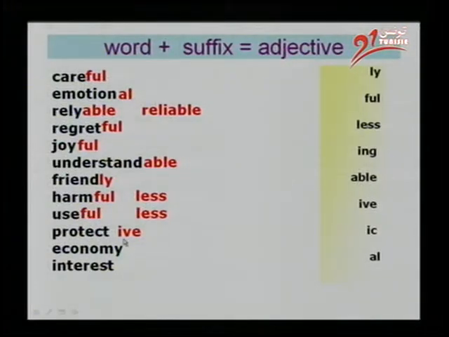Now, protect, we have a different suffix, which is protective. And this kind of suffix, when you have ive, it shows that the person or the noun we are describing is going to do the action. We say protective clothes, for example. Protective parents, it means parents who protect.